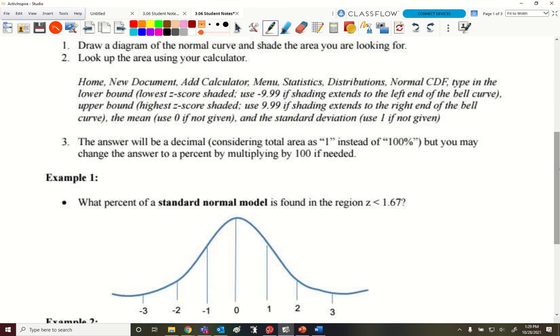So first thing, it says draw a diagram of the normal curve. Here's your diagram that you're going to use. This is example 1. Draw the normal curve and shade the area you're looking for.